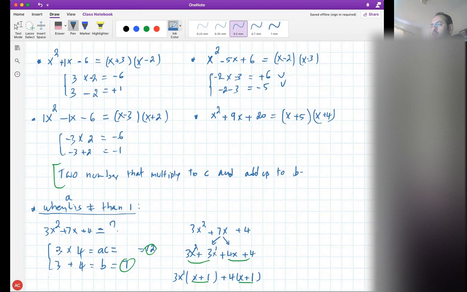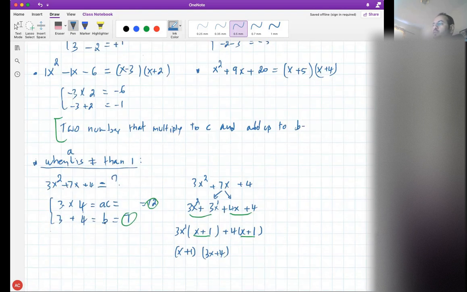So the numbers that multiply to 12 and add up to 7 are 3 and 4. Once you find those numbers, again, if A is different than 1, you go to the middle term and you split it, based on this addition. So instead of 7, we use two terms, 3 and 4.